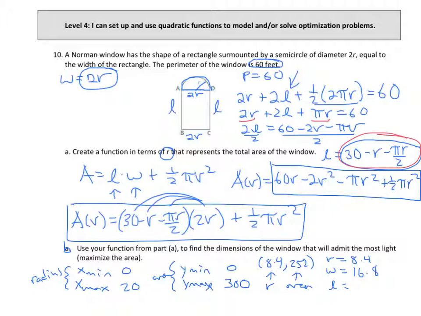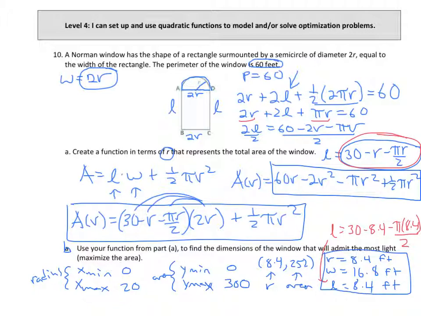So the length would be 30 minus 8.4 minus pi times 8.4 over 2, and that came out to about 8.4 as well. These dimensions should all be in feet. And there you have it.